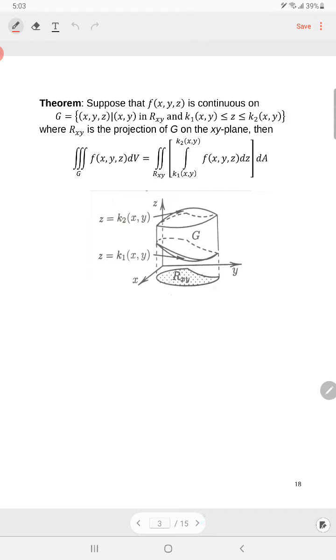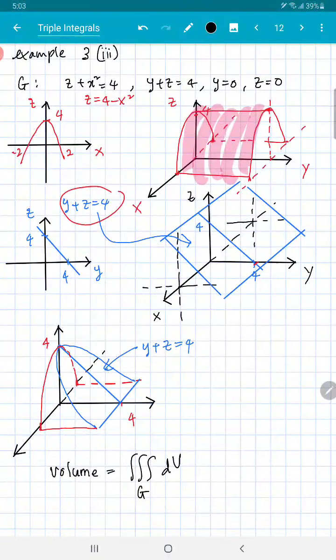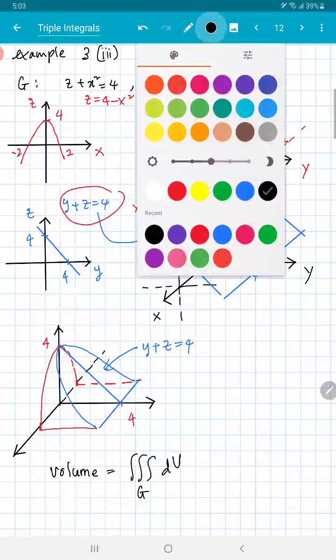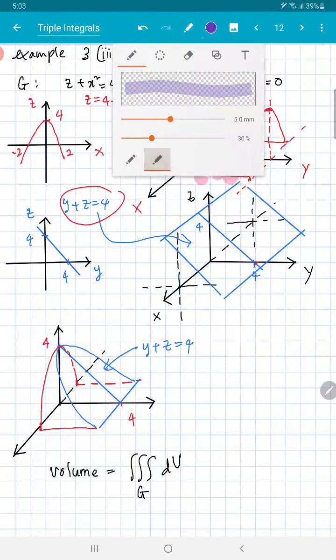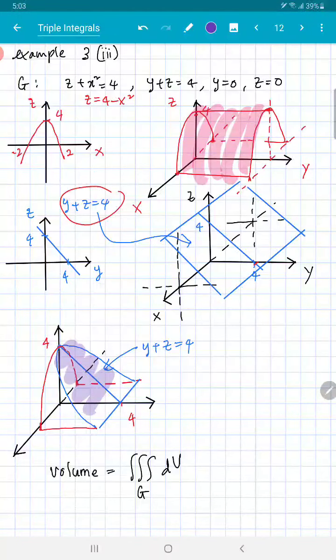Obviously we cannot project our solid G onto the XY plane because our solid has more than one top surface. One top surface is this slanting plane, and another is this curvy bit.